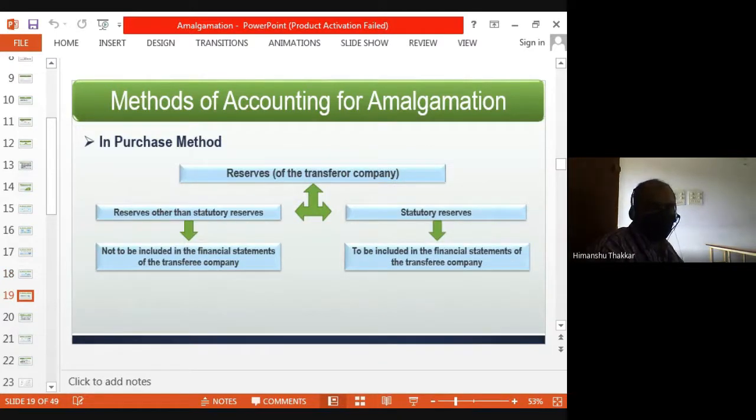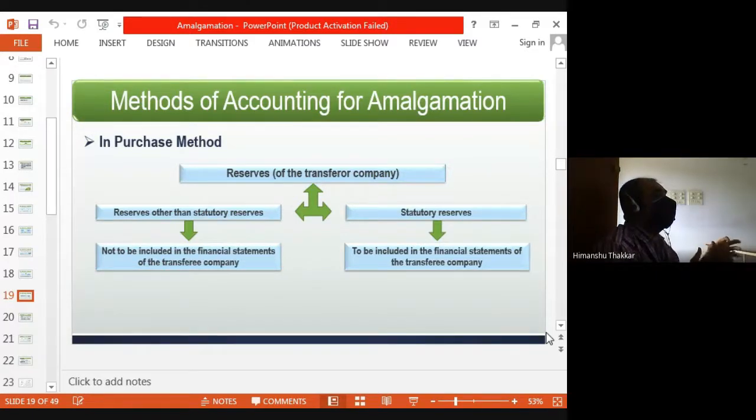What about reserves? Now, when it comes to reserves, there are basically two types of reserves. If you have studied accounts, you already know there are some generic, or you can say not specific reserves, like general reserve. Some other reserves are there. You just prepare for the safety.